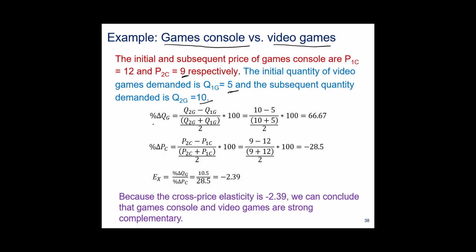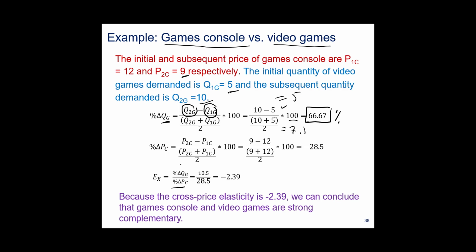So we first calculate the numerator value in the cross price elasticity formula, that's percentage change in quantity demanded of product G. Subsequent quantity minus initial quantity, the difference is 10 minus 5 equal to 5, and in the denominator we have the average value of the two quantities, which is 7.5. So 5 over 7.5 is 0.667 times 100 gives us this value for percentage change. Now we'll calculate the denominator of the cross price elasticity formula.